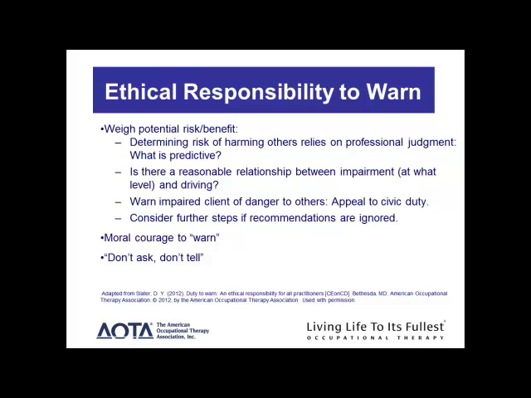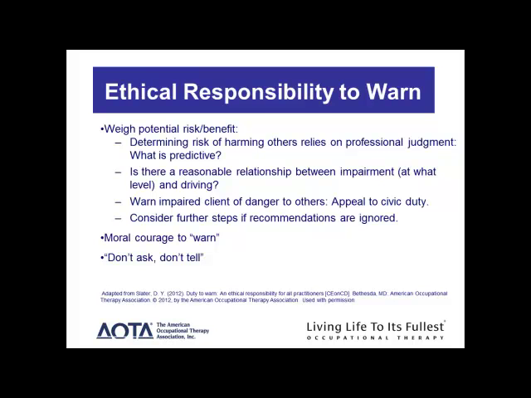Recognizing potential ethical issues is more common than actually meeting the challenge of having the moral courage to act to protect both client and society. Moral courage relates directly to failure to warn, because without action, change does not occur. So who does "don't ask, don't tell" protect? No one.